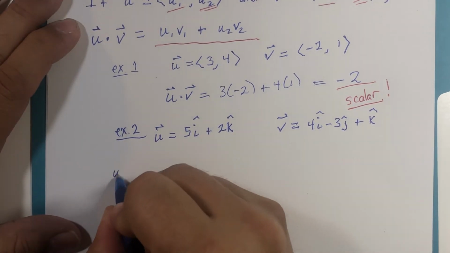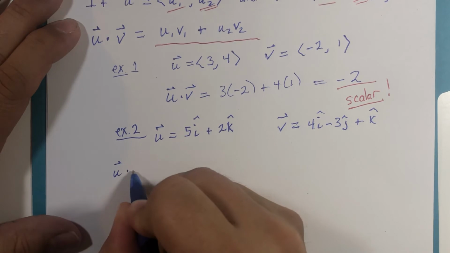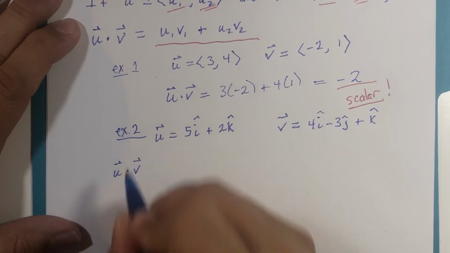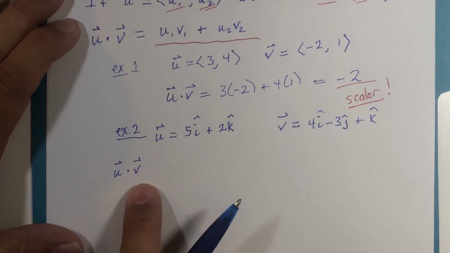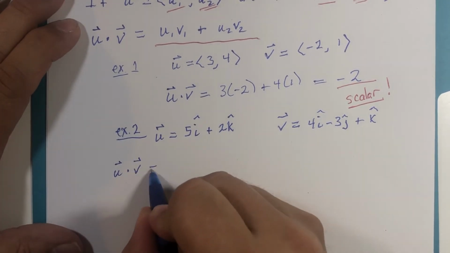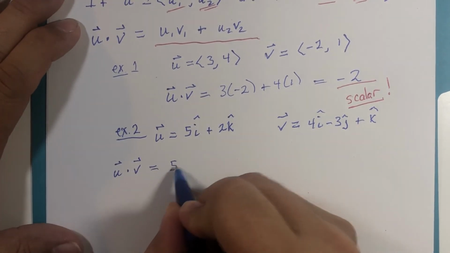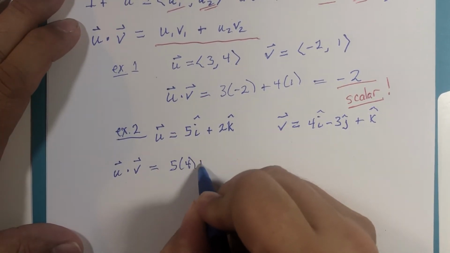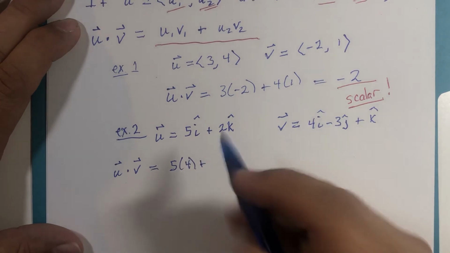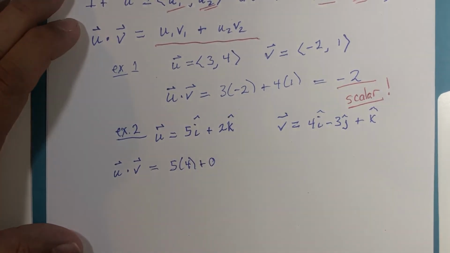When we do the dot product calculation, we have 5 multiplied by 4. There's no j component here, and just so you know, 0 is a real number.